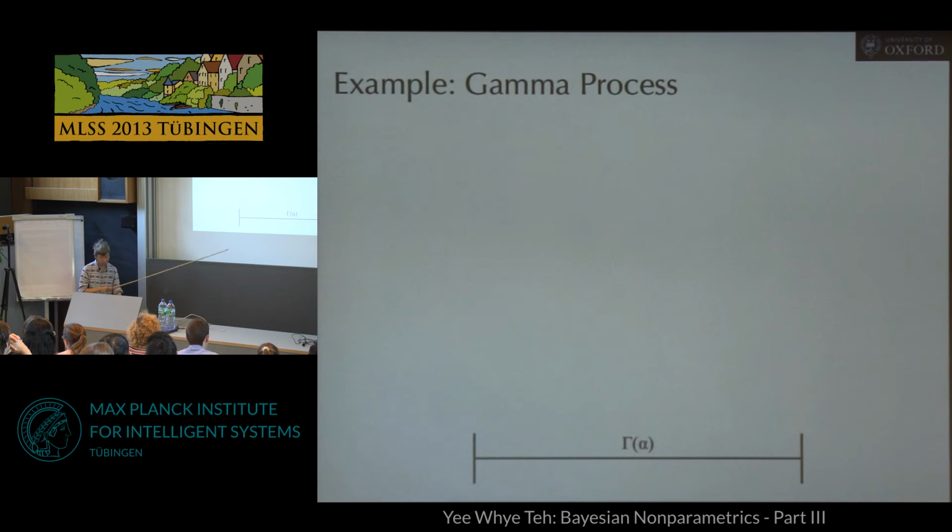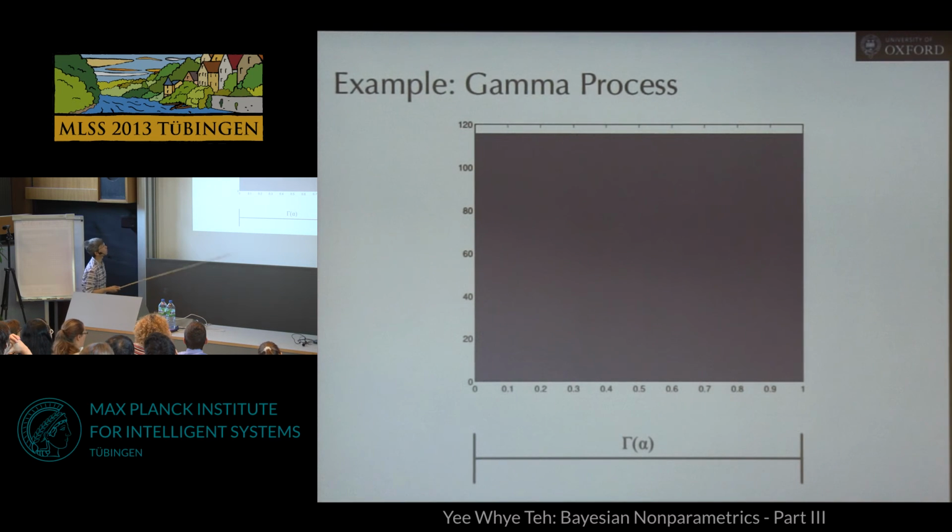I would like to construct a random measure over this space, where the total mass of the random measure is drawn from a gamma with shape parameter alpha. So let's first decide the total mass of the random measure over this space. Let's say it's that amount.